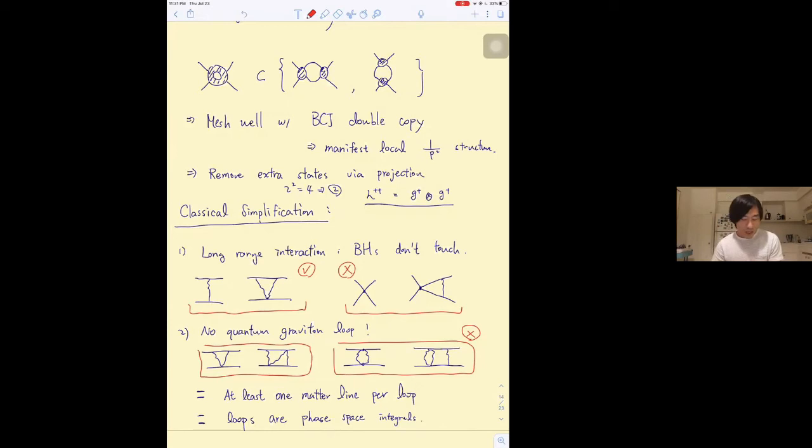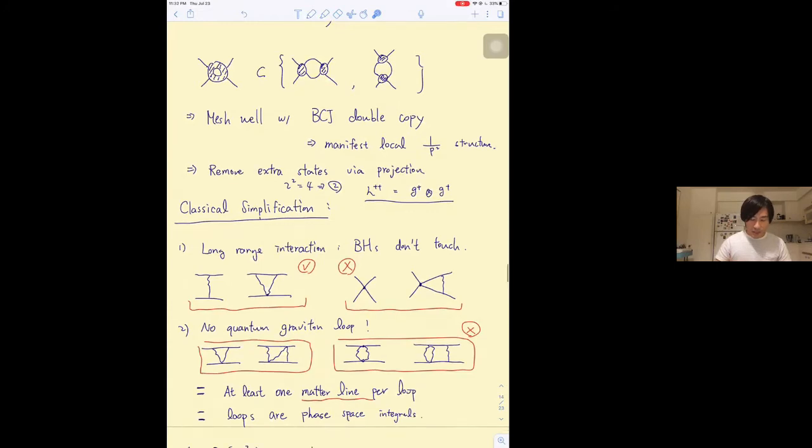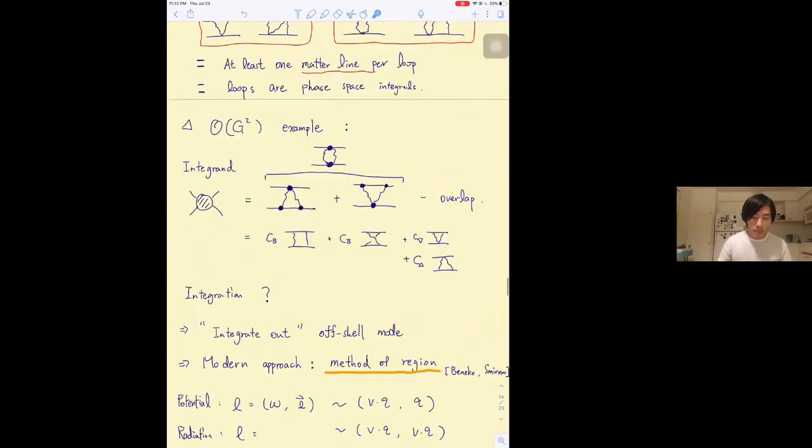That would imply that for each loop, you need at least one matter propagator. And you will see later that when we do the loop integration, these loops actually correspond to the classical phase space. That's why it's still important for classical physics. Okay, so now let's go to the one loop example.